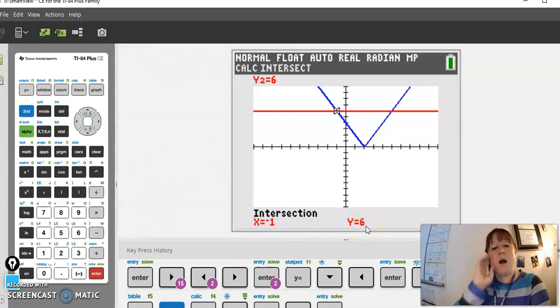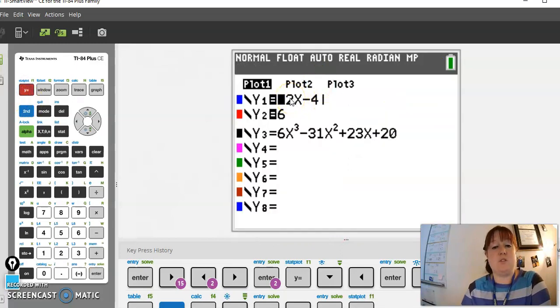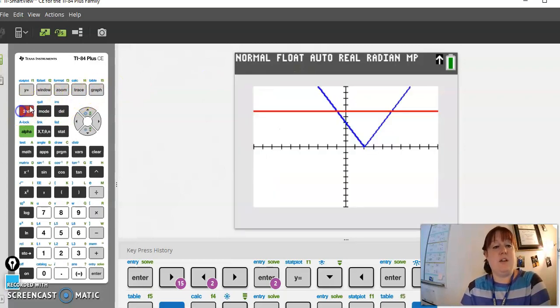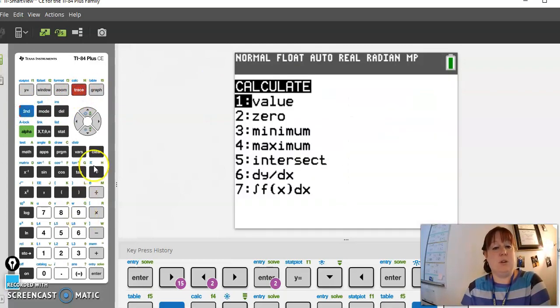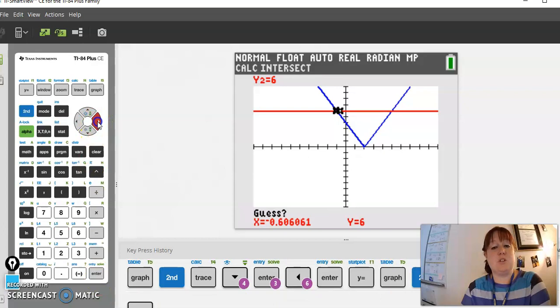So one of the x's that makes this true is -1, right? Because we're looking for what x value would make the absolute value of 2x minus 4 equal to 6. One of the x values that makes it true is -1. The other one we can calculate by going to calculate, intersect, and it asks first curve, second curve, and now for the guess, I'm going to make sure that I'm closer to the other intersection, because otherwise it's going to calculate the one I already know.